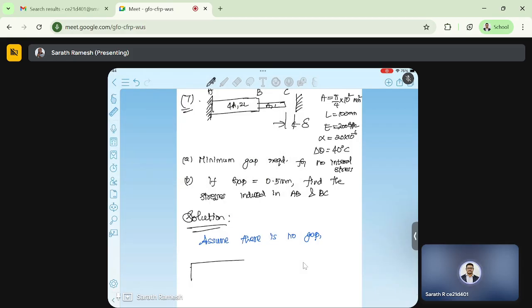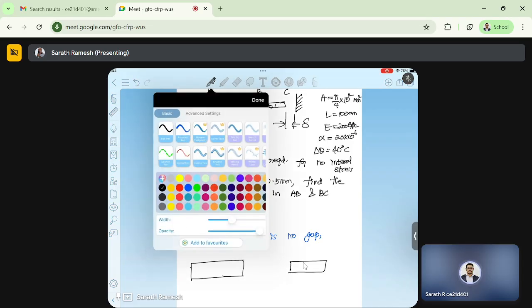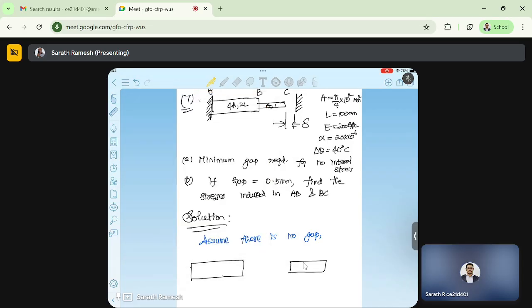This is the first shaft. This is the second shaft. So if there is no gap, it will be subjected to some internal force, right?